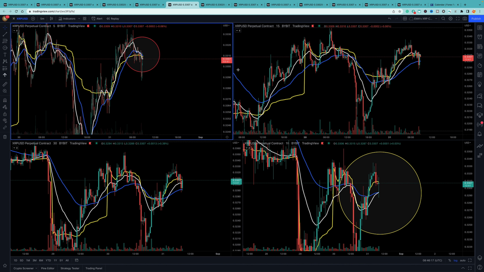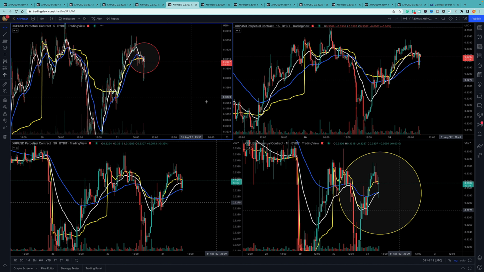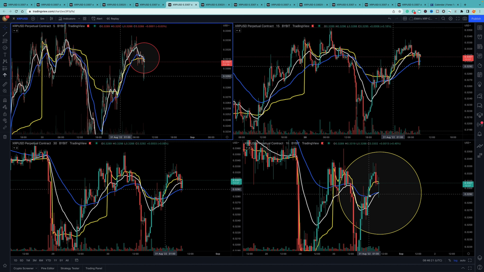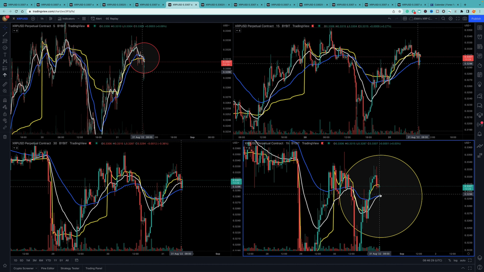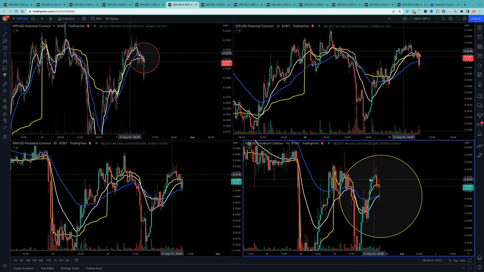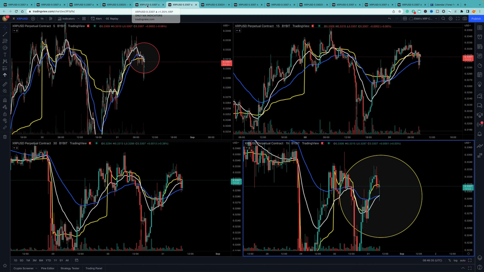So when you look at the 5, it looks like it's going to do a correction, but then when you look at the hour, it's back testing to the 55 on the 20, the bottom left, yeah. So that's what I'm looking at. I think it's going to bounce off the 20 and 55 on the hour and potentially head back up.